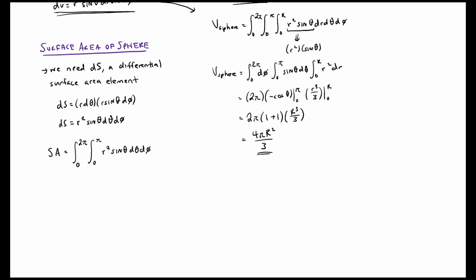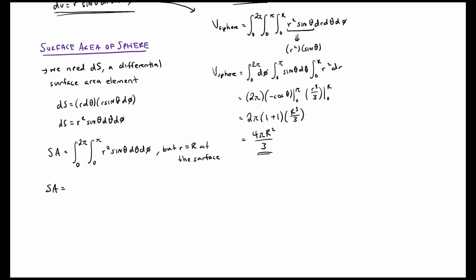Similar to cylindrical coordinates, where we're trying to calculate the surface area of a cylinder, we can make an assumption about the variable r. If we're trying to calculate the surface area of a sphere, the assumption is that your r value is going to be at its maximum value of the radius capital R. So we can say r is equal to capital R at the surface.